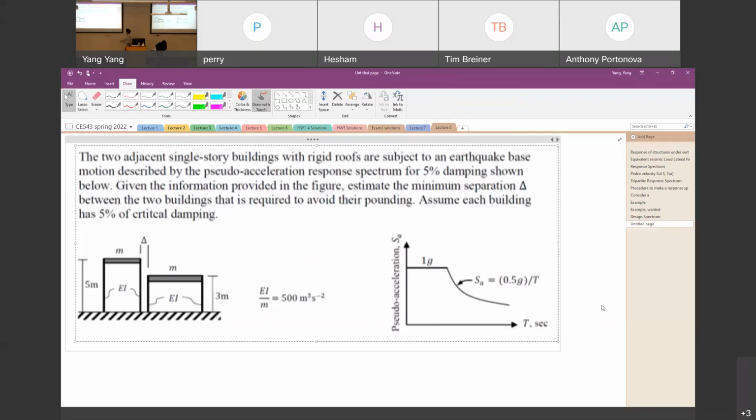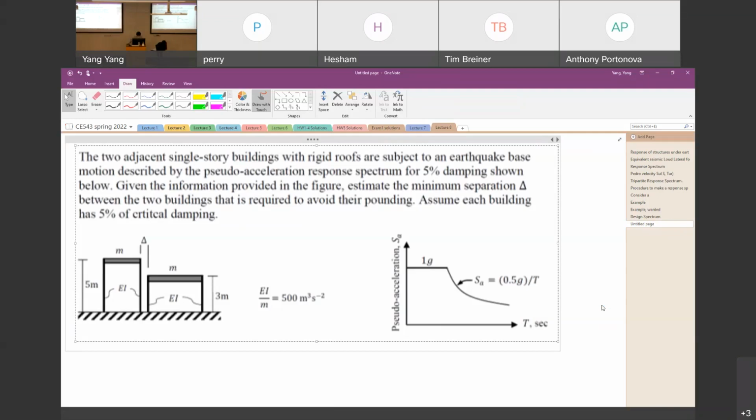So for example, this is the pseudo acceleration spectrum, and we have the natural frequency on the axis over here.